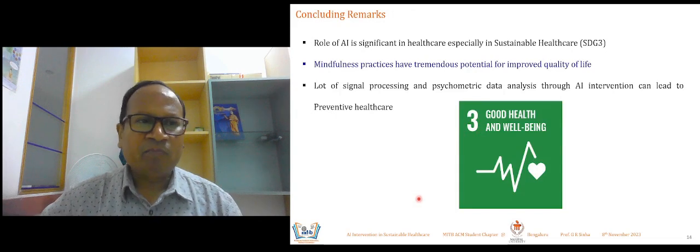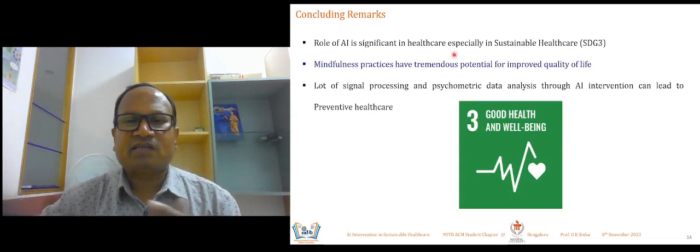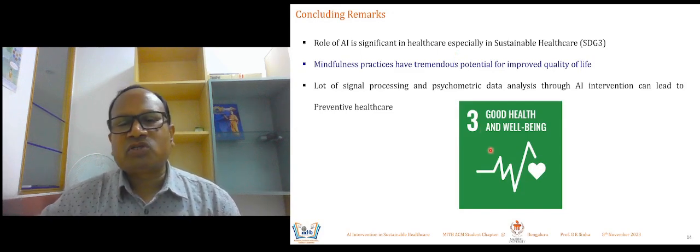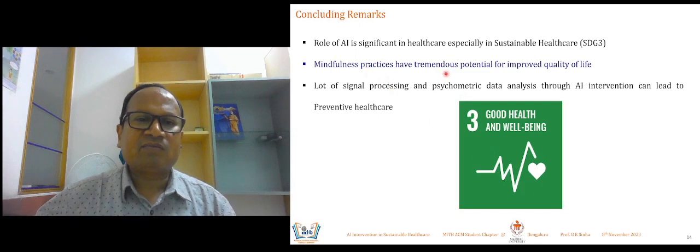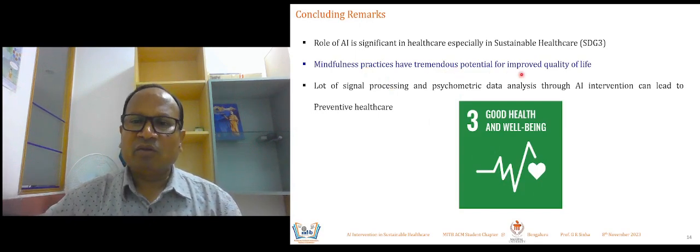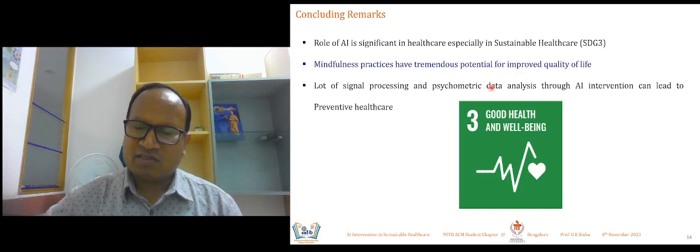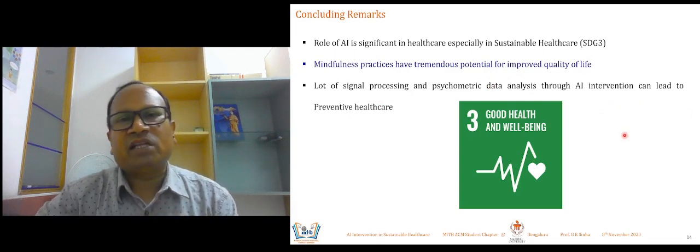So let me conclude that the role of AI is significant in healthcare, especially in sustainable healthcare, and that contributes towards sustainable development goal 3. Mindfulness practices can play a tremendous role because they have tremendous potential to improve the quality of life. A lot of signal processing and psychometric data analysis is done through AI intervention, which leads to preventive healthcare.